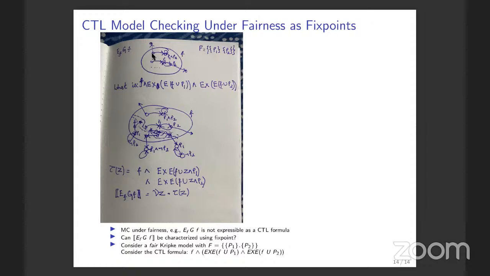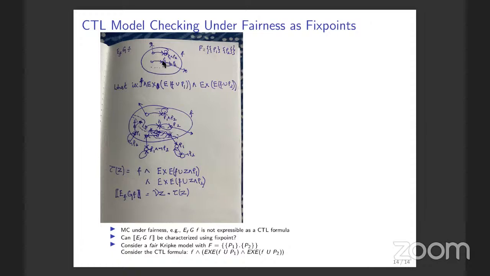Then it also satisfies EX of F until P1 as well as F until P2, because F is satisfied here, and in the next state P1 and P2 are satisfied, and there is a loop. Okay, that's a strongly connected component in which both P1 and P2 are satisfied.